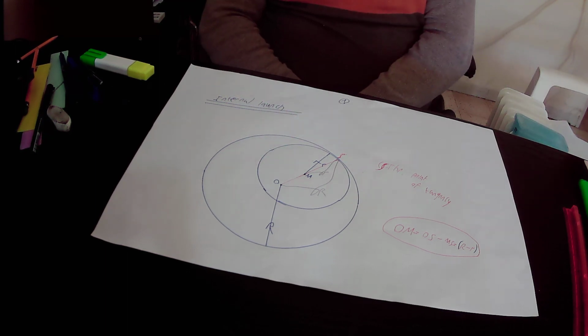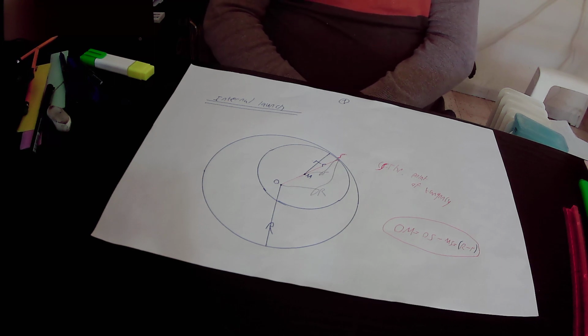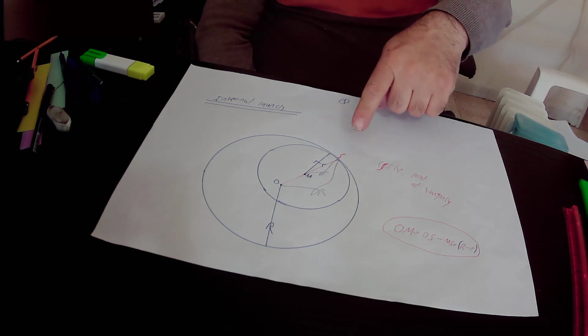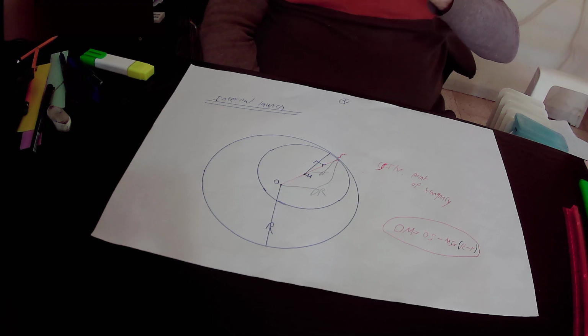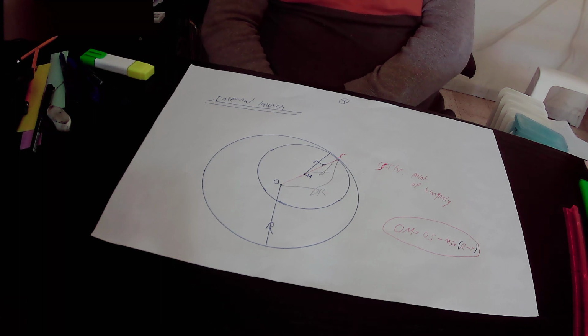So whenever 2 circles are touching each other internally, like in this drawing, that is the internal tangency, then the distance between their centers will be equal to the difference between the lengths of the radii.